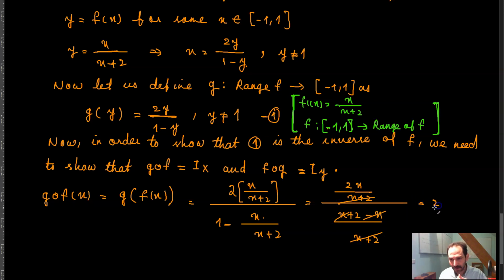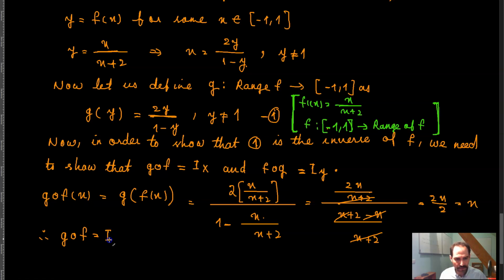and you have 2x over 2, which is equal to x, which means that GOF of x is equal to x.